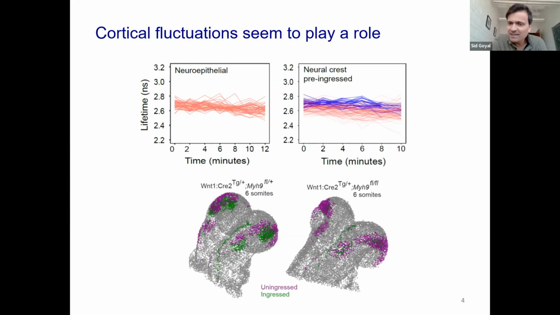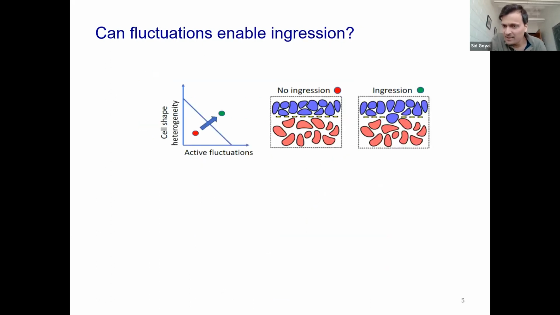We thought, can we see that in very simple models, right? The idea was, does fluctuation allow something to happen? So here we were thinking of some axes like active fluctuations, and on the other hand, cell shape heterogeneity, which is important for cell fate transitions, ingression and migration. So we had a bit of a cartoon of something like this, where you can generate ingression.